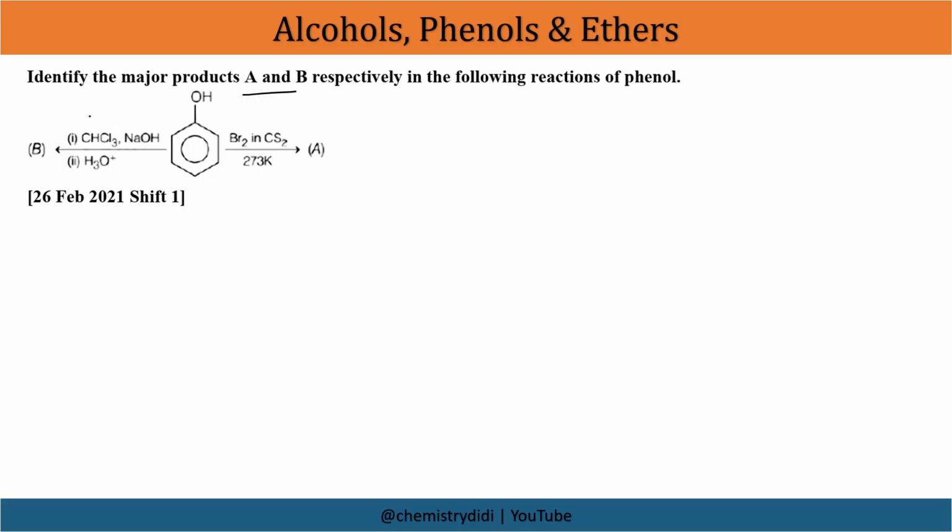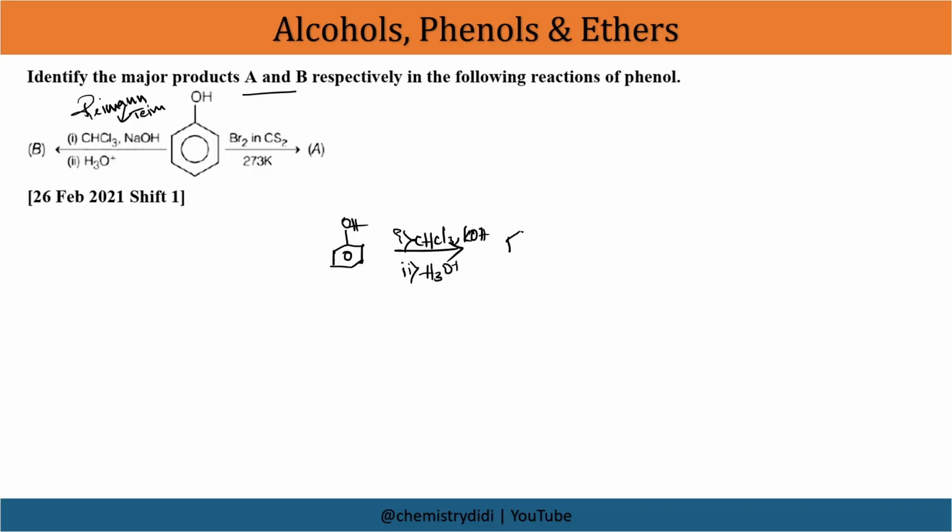Okay, this one is the famous Reimer-Tiemann reaction. Here what happens when we take a phenol in the presence of the reagent CHCl3 and in the presence of a base, here they have given NaOH, you can take KOH also, and then hydrolysis.